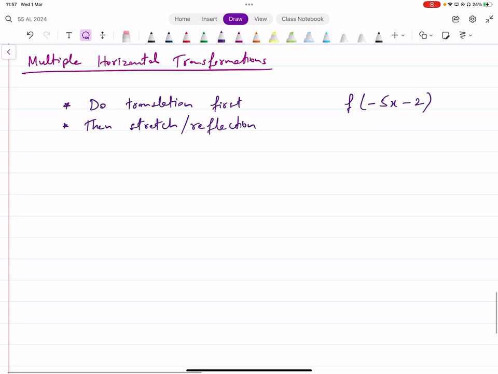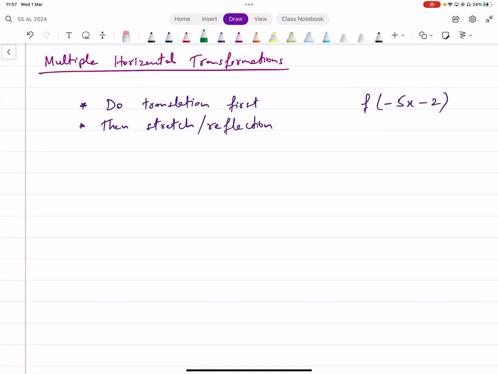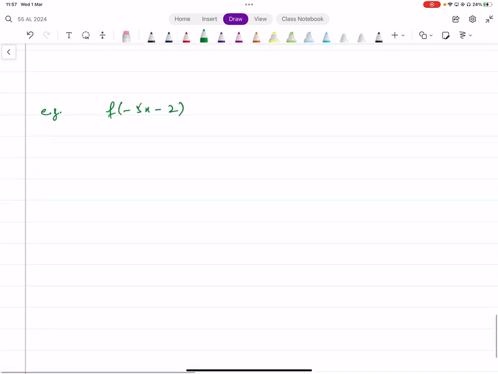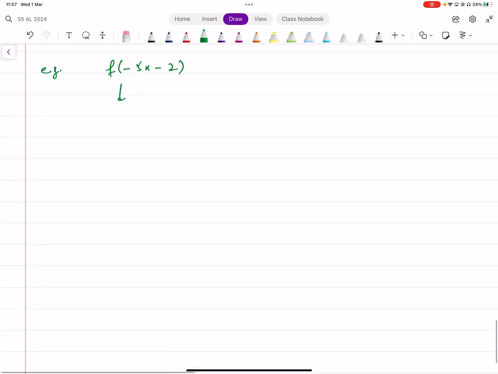Now, how would you describe this transformation? f of -5x-2. How would you describe this transformation? What happens first? You'll say this is a translation with vector (2, 0), 2 units right. That means 2 is the x component, 0 the y component. और क्या हो रहा है?